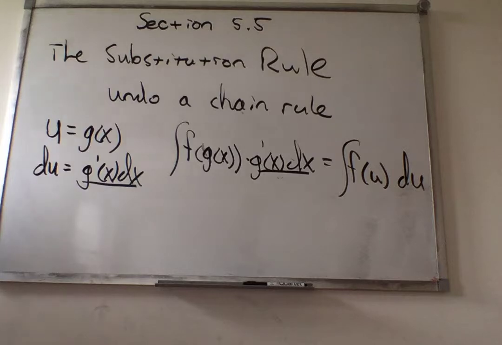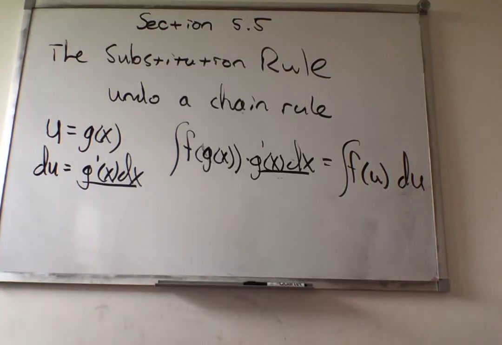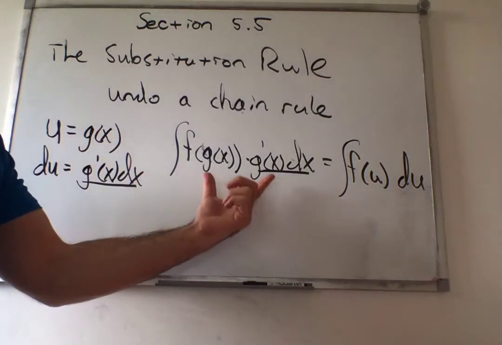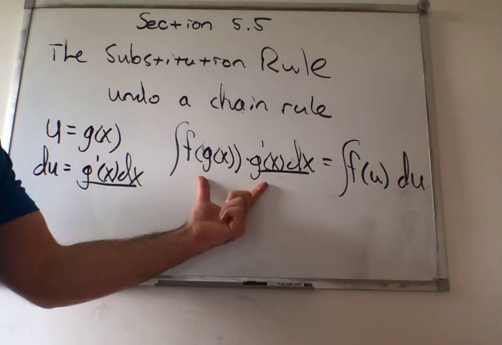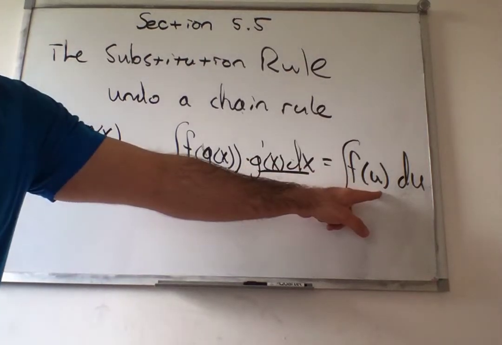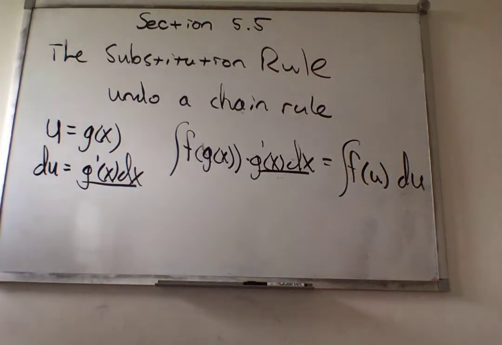So what the substitution rule is saying is that if you have a chain rule, okay, and you can make this substitution, then what you can do is rewrite the integral, because this is going to be difficult to integrate. We could rewrite it upon a change of variables here, and this will be easily integratable.